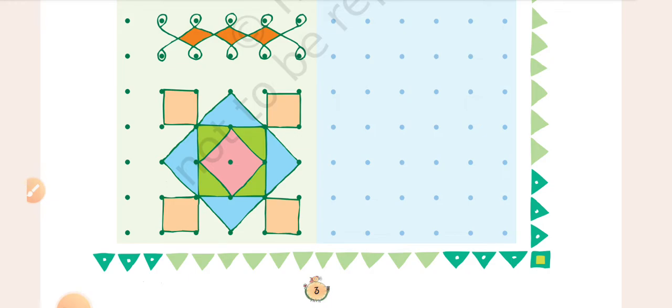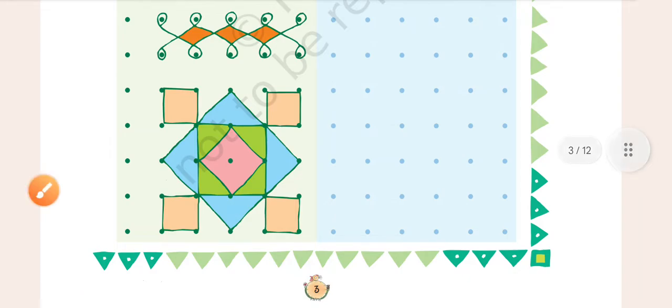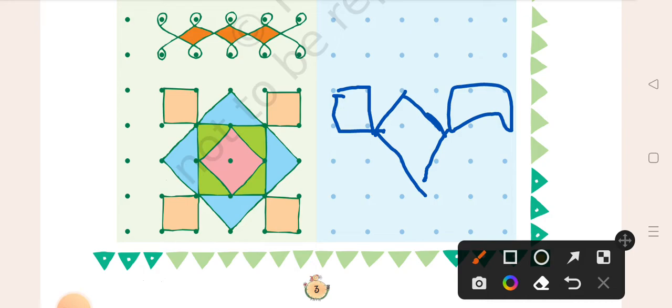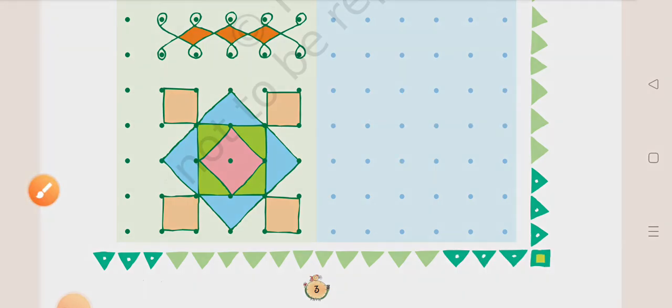Look how these are made. These are made by this. These are made like this. Sorry, the pattern is wrong.